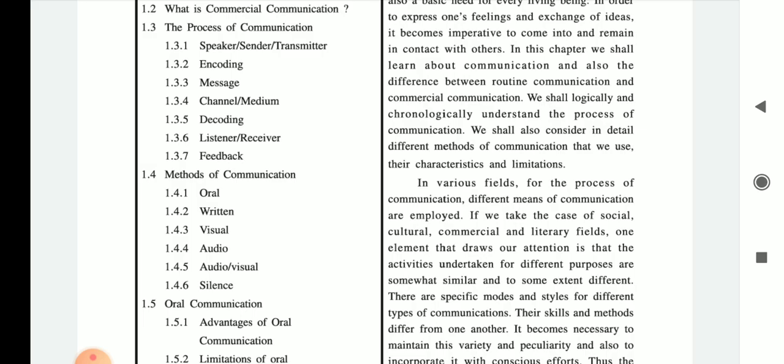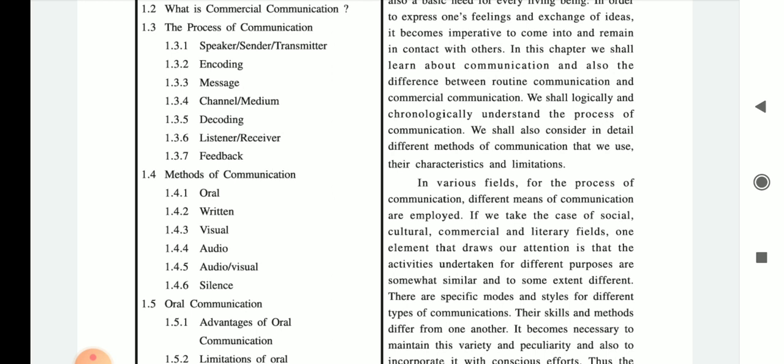See friends, routine communication means whatever ideas, thoughts and interaction you conduct with your friends, neighbors, family members, etc., that is known as routine communication.